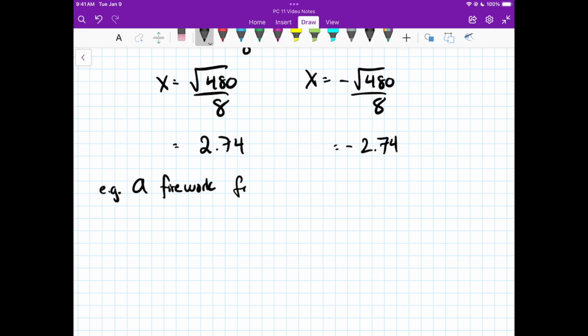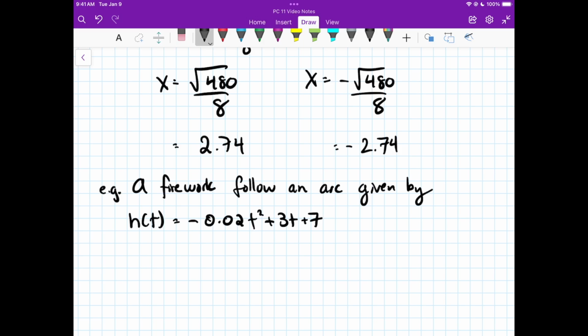A firework is going to follow an arc through the air that's given by this quadratic function: h of t equals negative 0.02 t squared plus 3t plus 7. Here h is the height after t seconds, specifically in meters.